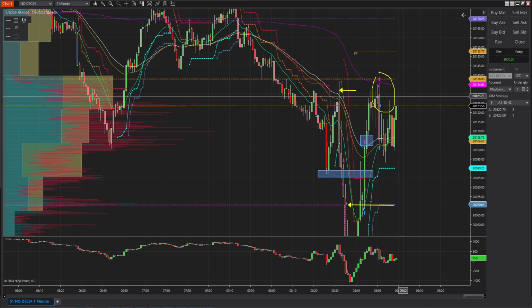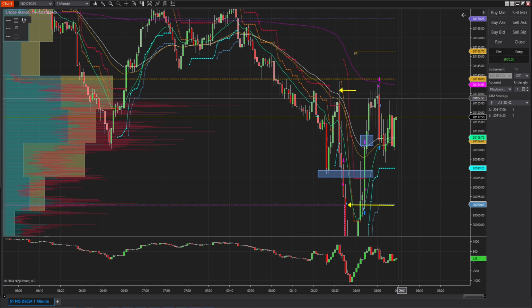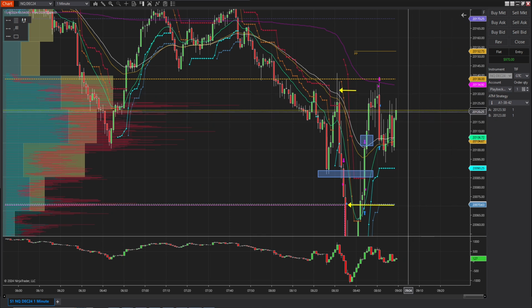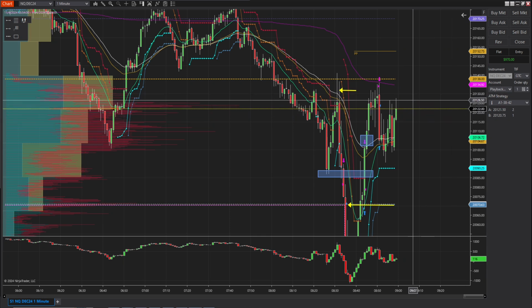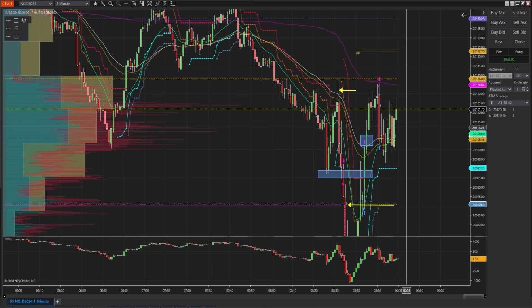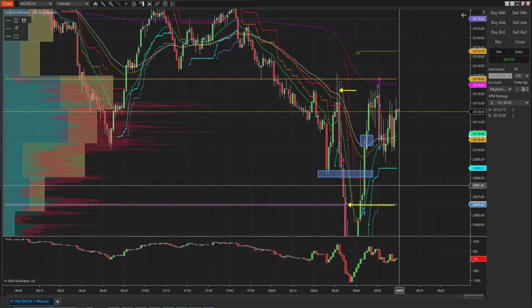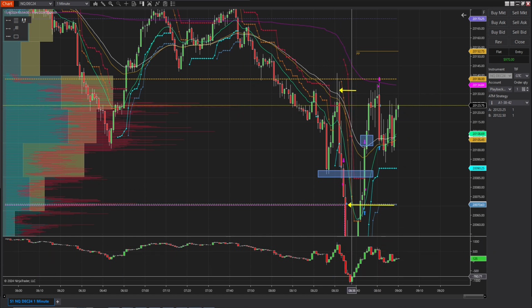So this one was okay, but now anything here, you don't want to take a second test chance. It might work one more time, but it's very likely to go higher unless everything falls like this.